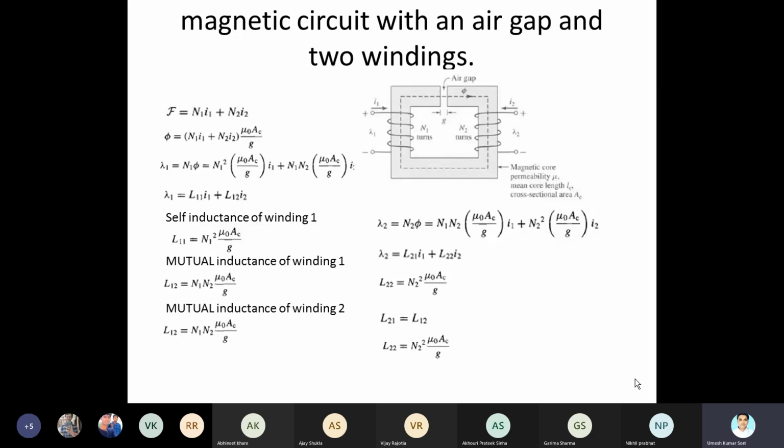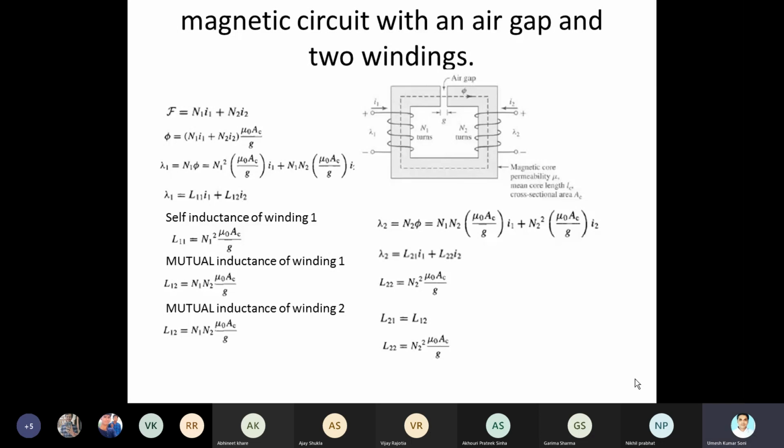When we have two windings in a particular core with a uniform magnetic material comprising of one type of material or other type of material such as air gap or other metals. So in that case, total MMF set up by both the windings will be the sum of individual windings' MMF.